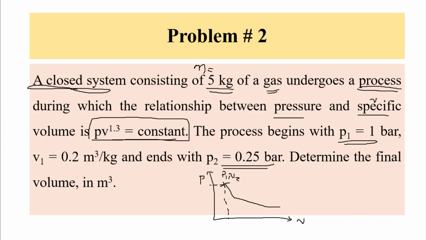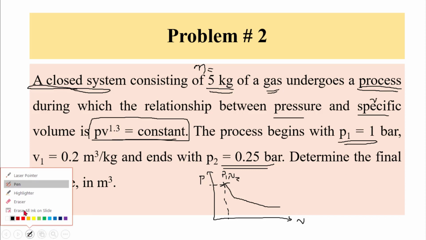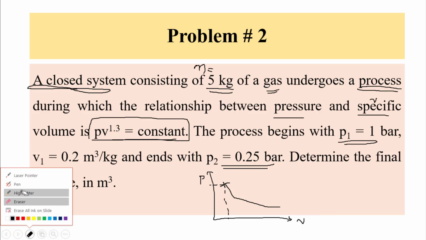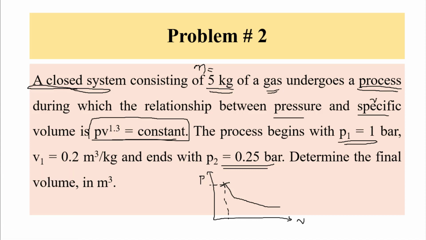And here is state 2, P2 is 1 bar and v2 is 0.25.